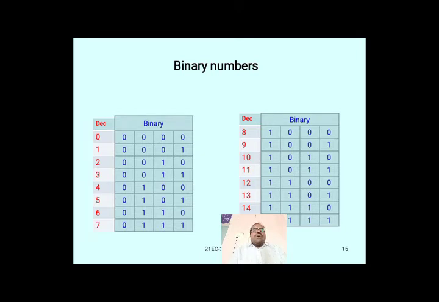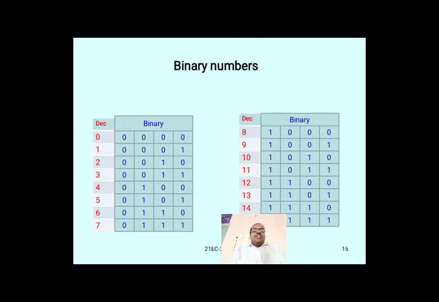You already know that, but you must remember it: 2 power 0, 2 power 1, 2 power 2, 2 power 3. 2 power 0 means 1, 2 power 1 means 2, 2 power 2 means 4, 2 power 3 means 8.